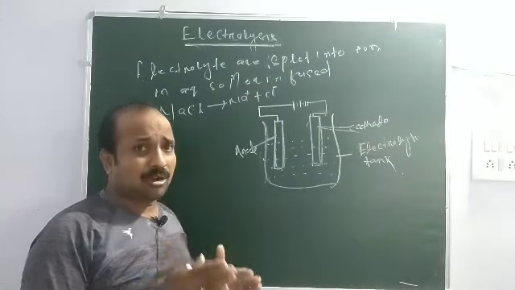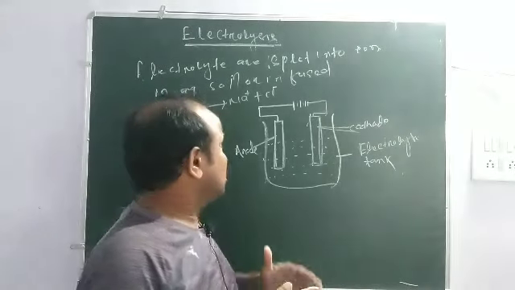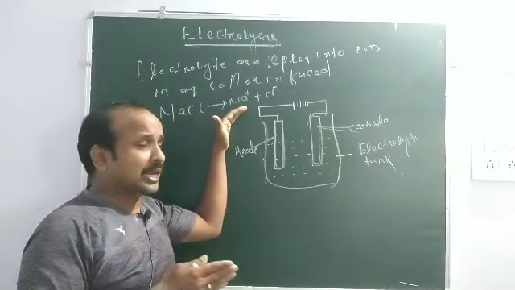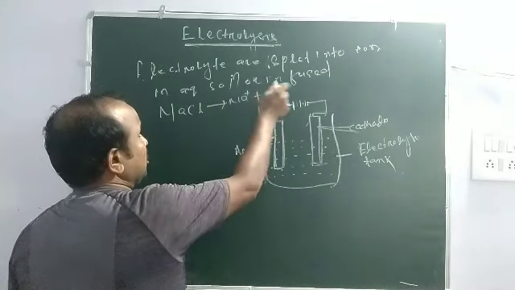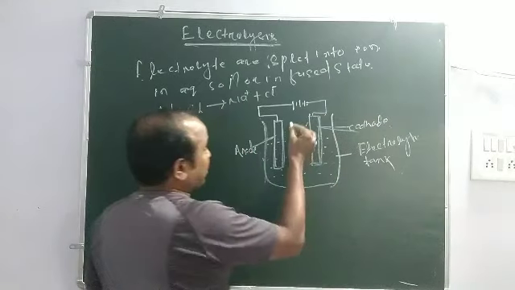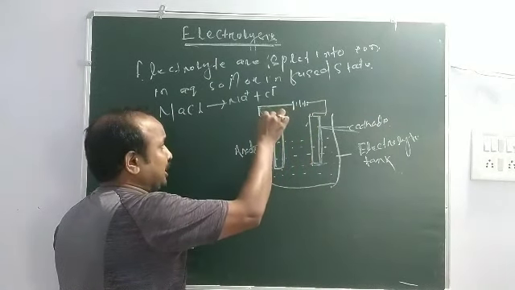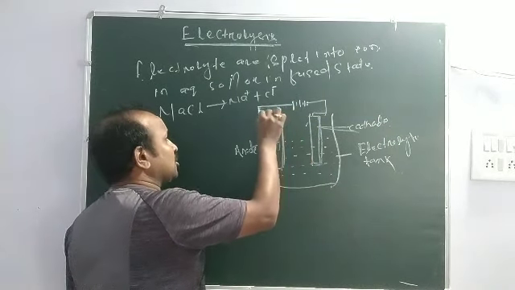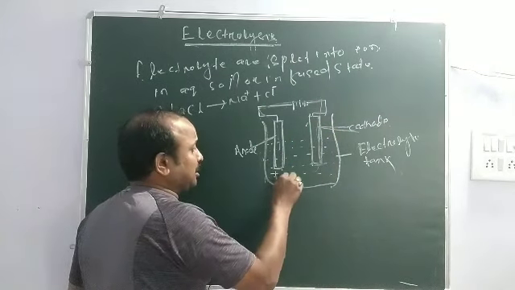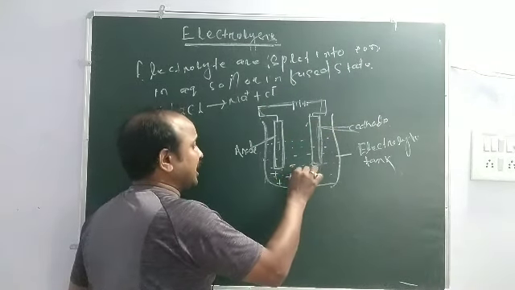The electrolyte is split into two opposite ions, in solution or in fused state. Then when current passes through the solution, there are positive ions and negative ions present in the solution.